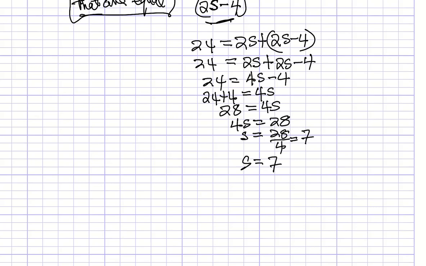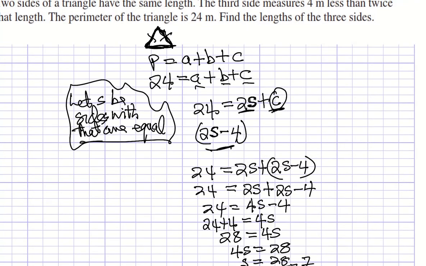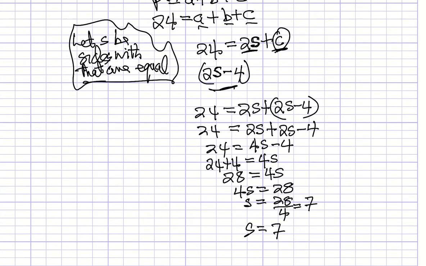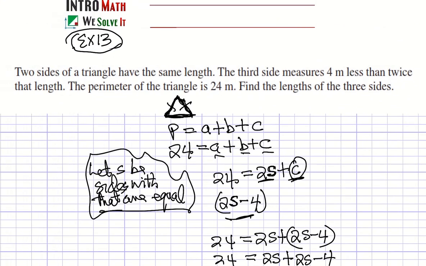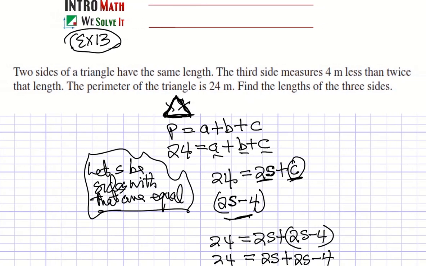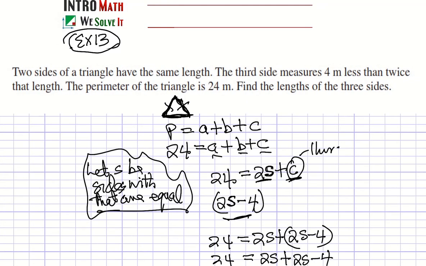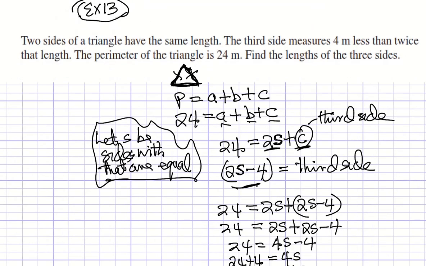The equal side is s. The third side is right here, that's how we'll find that. Then it says find the length of the three sides.